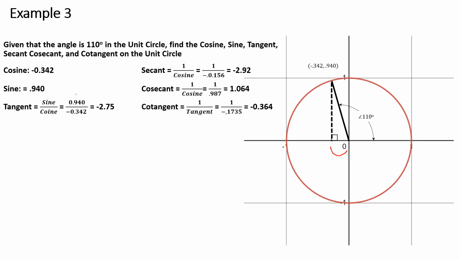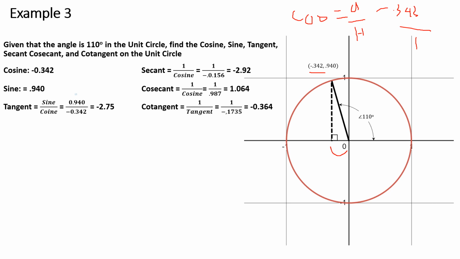And that distance is negative 0.342 because cosine equals adjacent over hypotenuse, which is 1. Anything over itself is 1. So the distance here on the x-axis, the cosine, is negative 0.342.